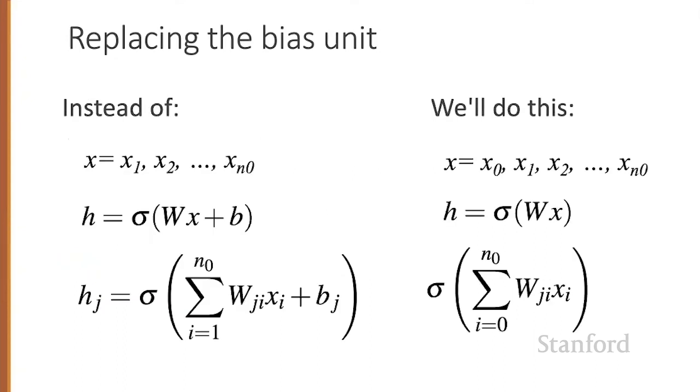So instead of our input being x1 through x n sub 0, where n sub 0 is the number of units at layer 0, we'll add an extra unit x sub 0. And instead of talking about sigma of wx plus b, we'll talk about sigma of wx. But if we break down this computation, instead of wx being the sum from 1 to n sub 0 of the weight times the input value, it'll be the sum starting at 0 because of this extra bias value.